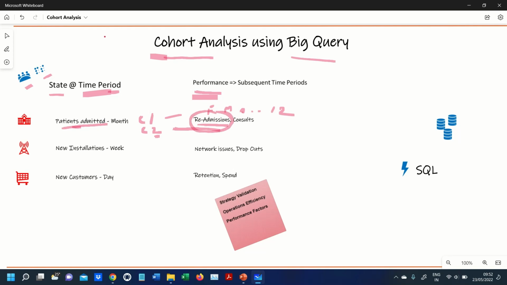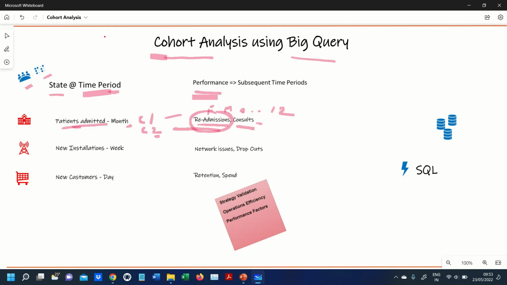Like that, how many people are visiting the hospital for consultations. So that is an indicator which says whether there is any influence of the period of admission over the reoccurrence of the particular disease or particular ailment.